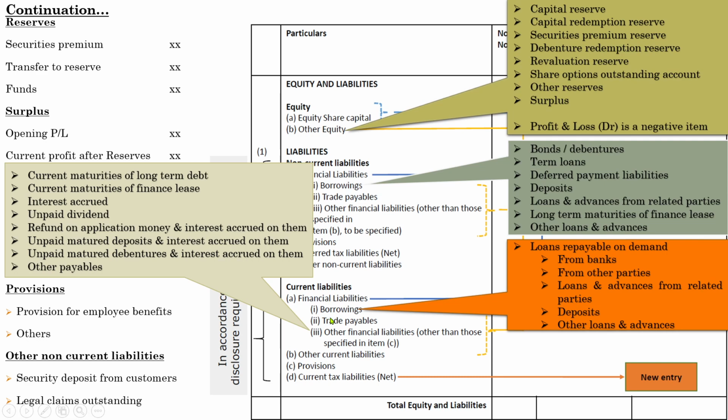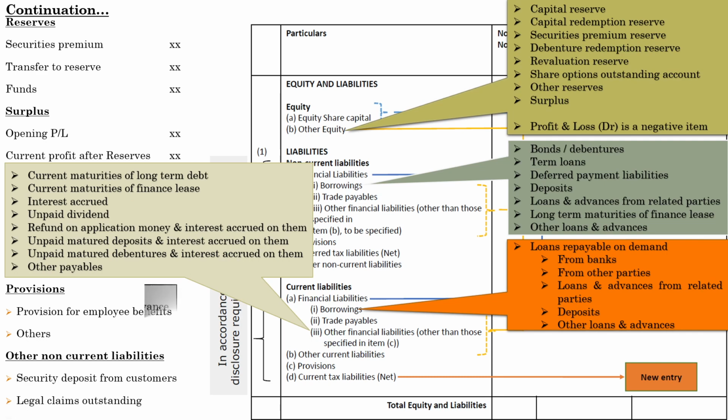Usually that mainly comes under the next one, other financial liabilities: current maturities of long-term debt, current maturities of finance lease, interest accrued, unpaid dividend, any refund of application money and interest accrued on it, unpaid matured deposits and interest accrued on them, unpaid matured debentures and interest accrued on them, and other payables. I am not going to discuss each of these individual items in detail. While dealing with practical cases, we will come across these items for sure. So those items have to be shown under this head.